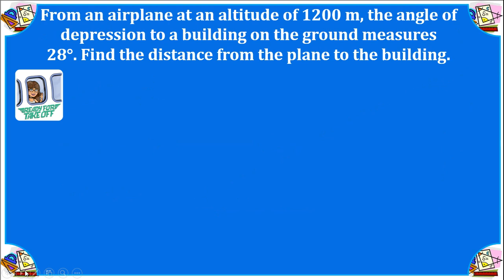From an airplane at an altitude of 1,200 meters, the angle of depression to a building on the ground measures 28 degrees. Find the distance from the plane to the building.